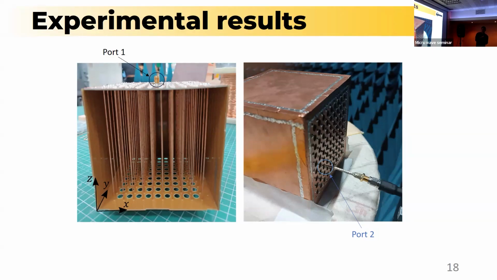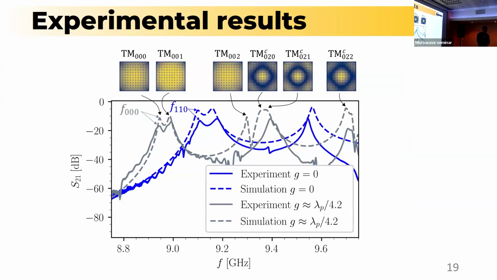With this idea of the experiments, we get the following results. A first result can be the S21 parameter when we have the flying antenna located exactly at the center. And this is the result that we can have here.